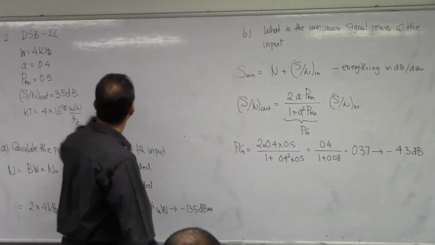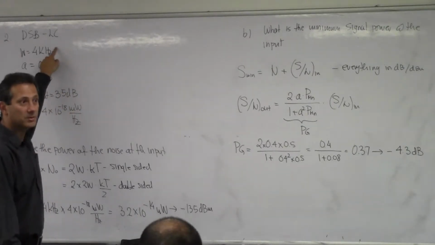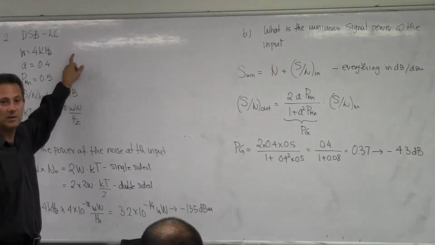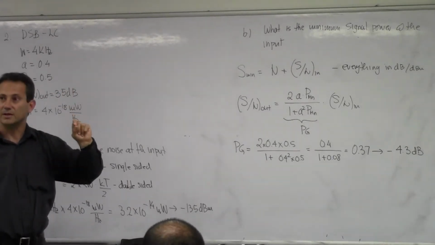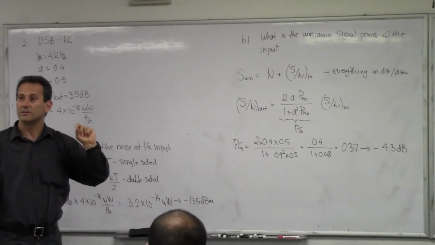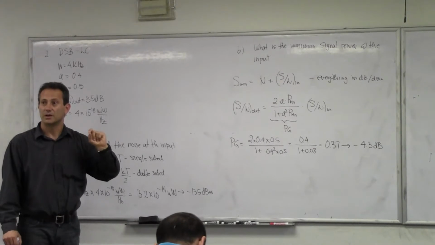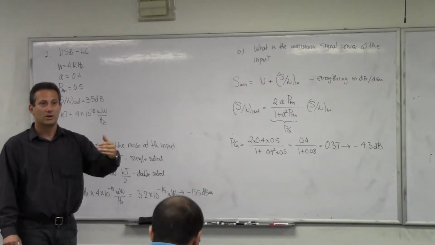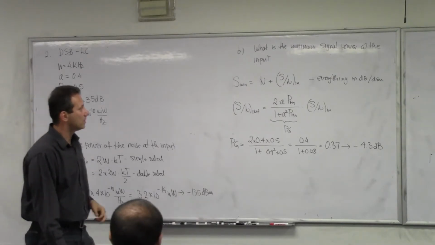This is a double sideband large carrier. You remember the double sideband large carrier has a negative processing gain. Why? Because the signal power at the input includes the carrier power, which is really large. Signal power at the output doesn't. We eliminate the carrier, so your processing gain is always going to be small.